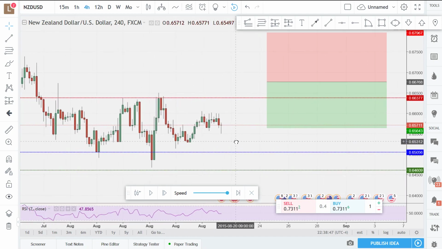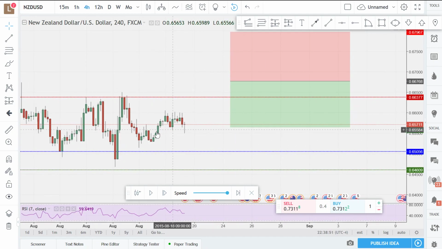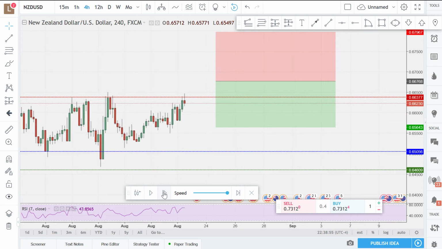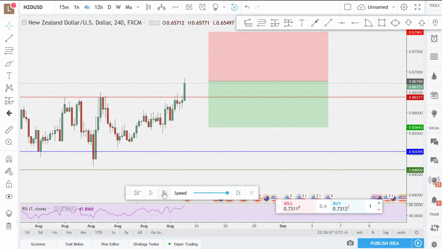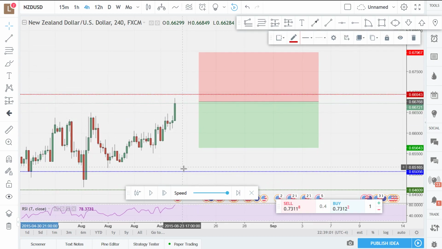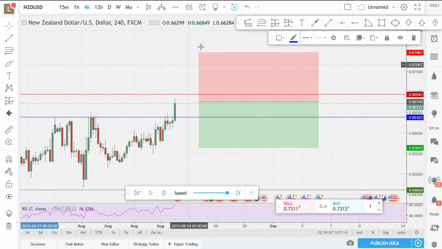So at this point, I'm almost waiting for a pop out above it or a pop below it so I can do something. Boom. All right. Well, let's see now. I can get in here. Or was it too strong, and is it just going to keep on shooting up?